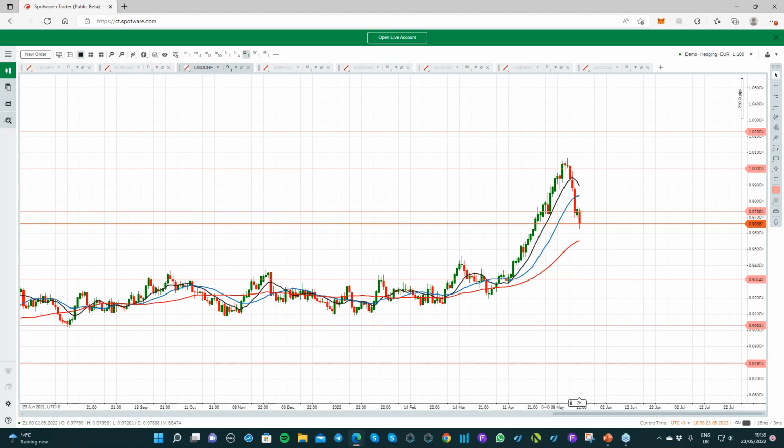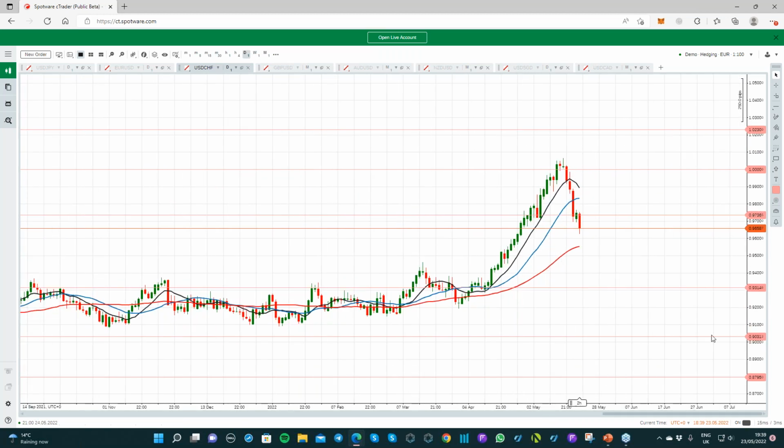And on the daily time frame, what I've got here might not be massively obvious, but if I just draw in my highs and lows very quickly here, it's not a very standard one, but if we look at the highs and lows, we've got left-hand shoulder here, right-hand shoulder here.